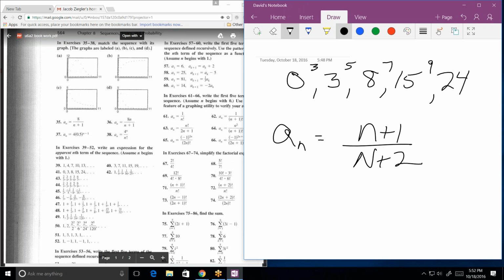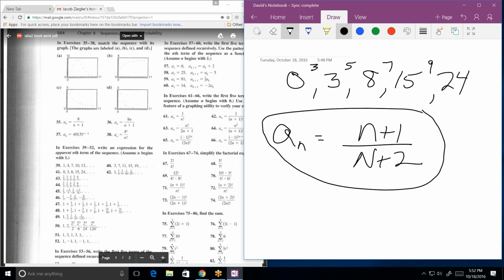Second term would give you 3/4. Third term would give you 4/5. That's the answer for 43. Can you see why it is?